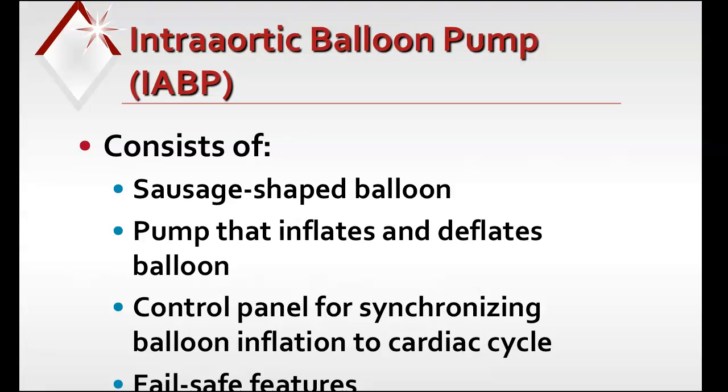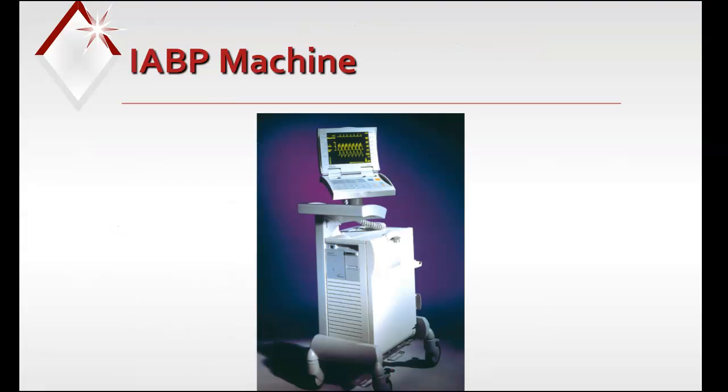Basically this pump inflates and deflates a balloon to establish the diastole and the systole that we need in order for the heart to perform effectively. Right here is the actual machine that you would see. This is usually right there at the bedside in the ICU, and this is what you're going to see if you have a patient that is actually on the balloon pump.